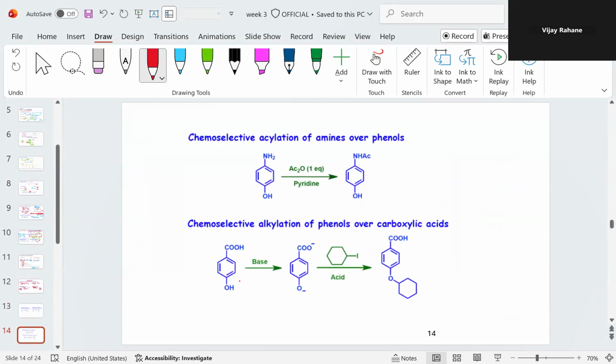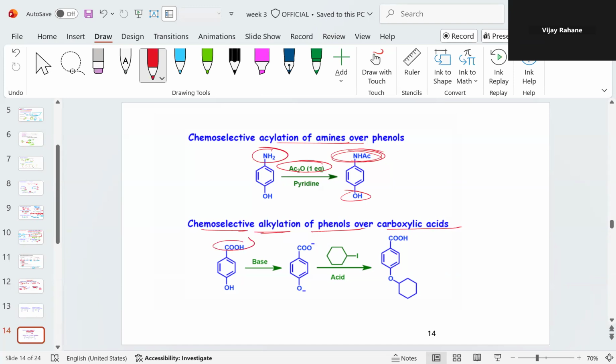Here, we have already discussed earlier the chemoselective acylation. If you add one equivalent, it will only do the acetylation on the nitrogen center, not on the hydroxy center. Another question is chemoselective alkylation of phenols over carboxylic acid.